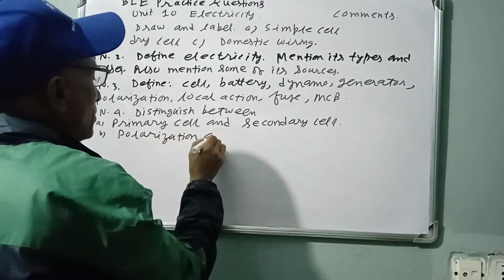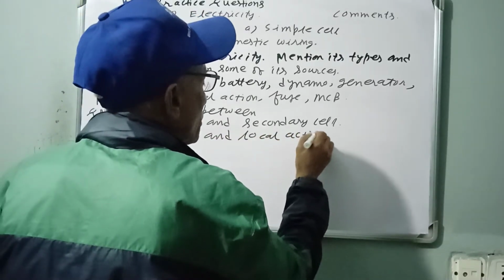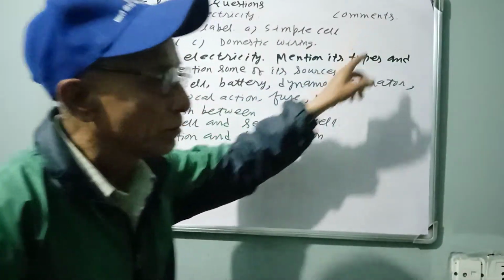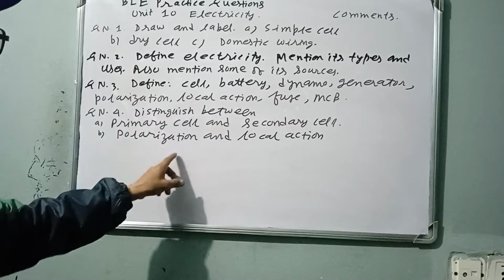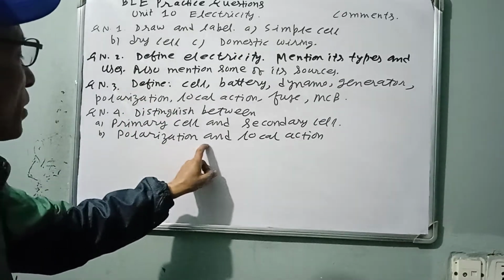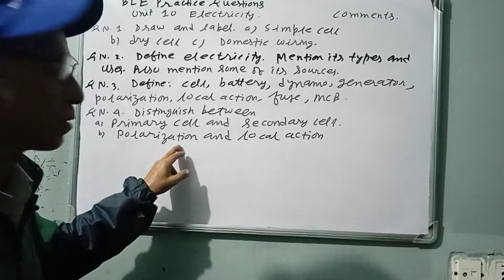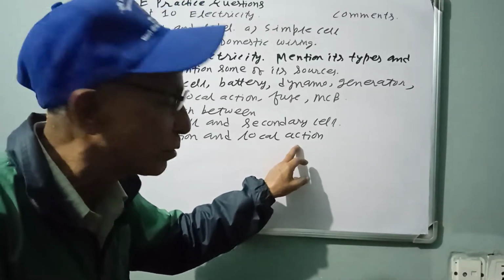Number B, polarization and local action. Although I have already written the answer, please see the lesson before. Polarization is a defect due to the deposition of hydrogen on the copper plate. Local action is a defect in the simple cell due to impurities.